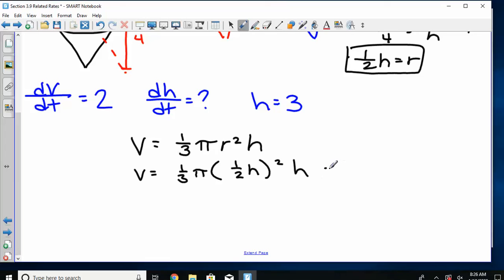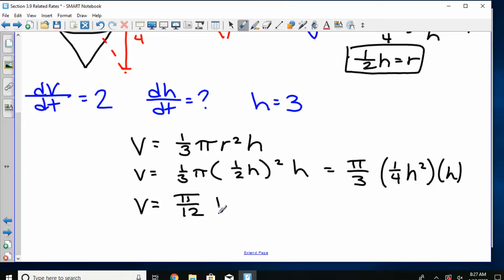So if I simplify that, can I write 1/3 pi as pi over 3? Is that okay? 1/2 squared would be 1/4 h squared times h. So my volume is pi over 12 h cubed. So I just cleaned it up by multiplying together my coefficients and my h's.